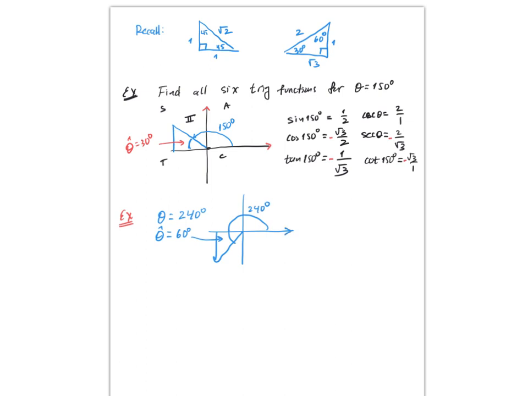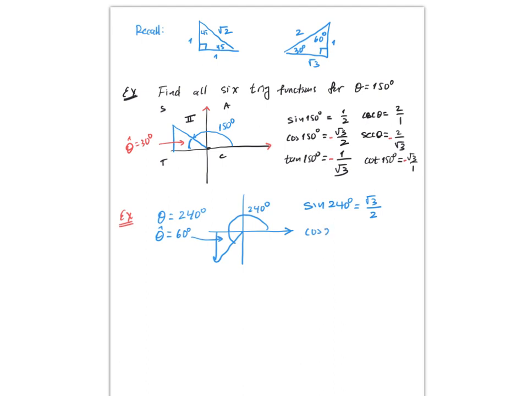Okay, all right, so sine of 240 is going to be the sine of 60 degrees. So sine is the opposite over the hypotenuse. So this should now be radical 3/2.